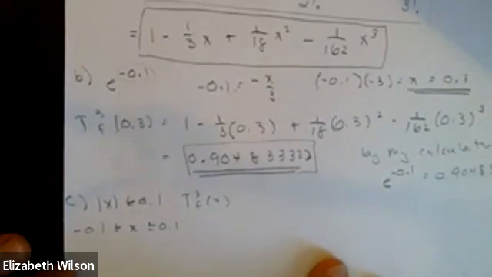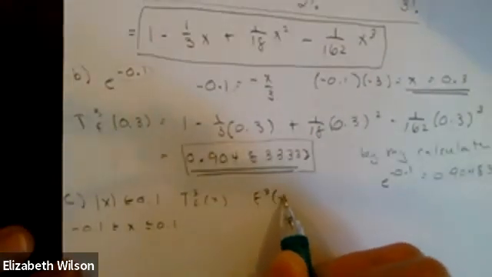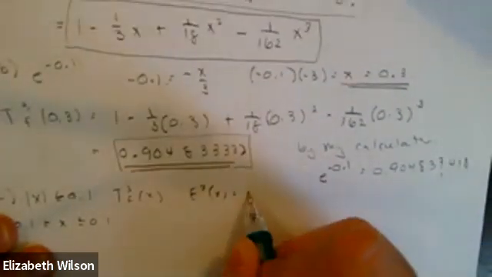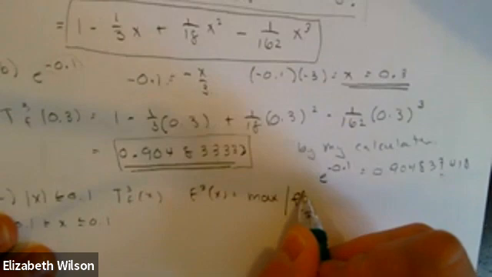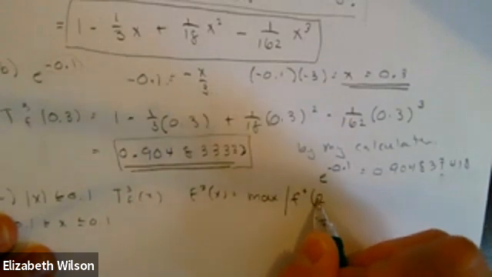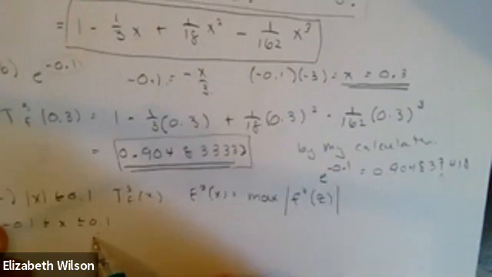Okay, so now the question is, we're looking for the error, or third degree error here. Okay, so the error calculation, remember the formula for that is I'm looking for my max of f of, this is our third degree, so this is going to be n plus 1, so the 4th derivative of z. Z is some value between x and a. Okay, so our a value is equal to 0.